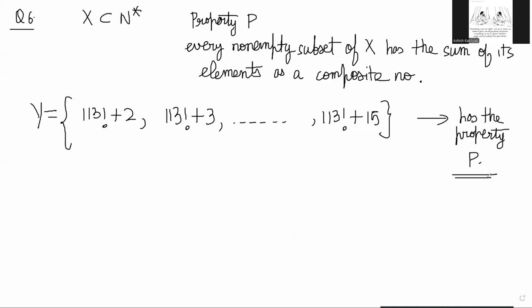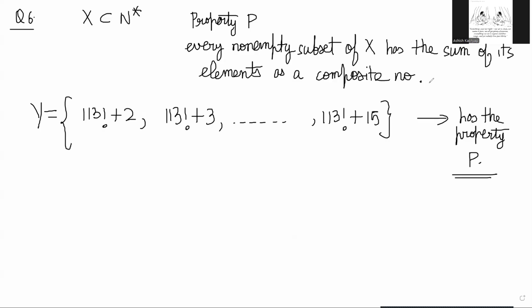Okay. So what I did was, I said let's take a subset Y1 equal to 113 factorial times n plus k, where n is the number of elements, and then k will be like the sum of the plus twos and plus threes and that.